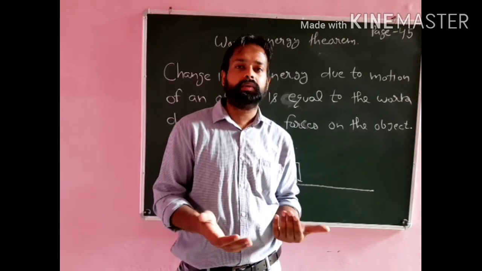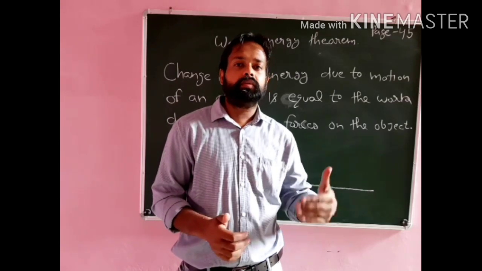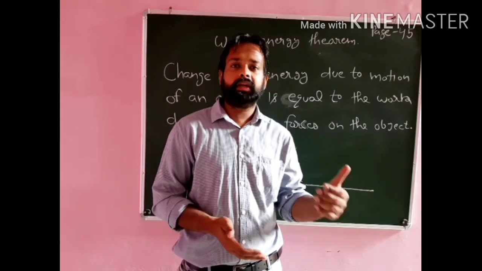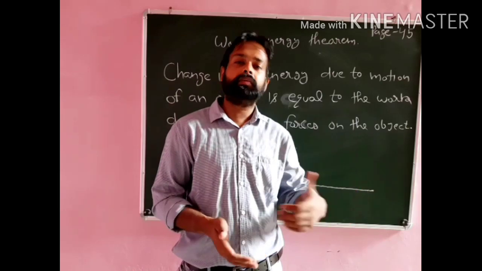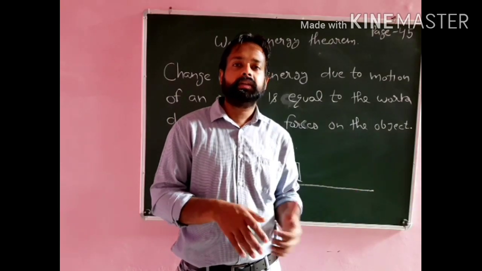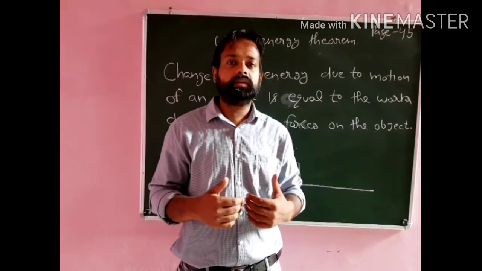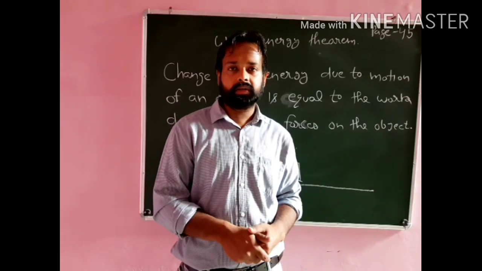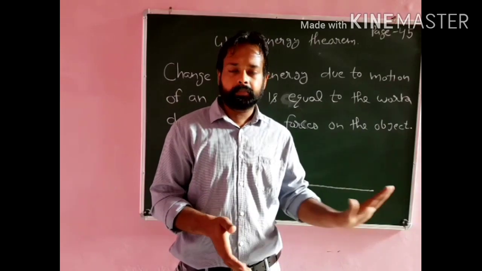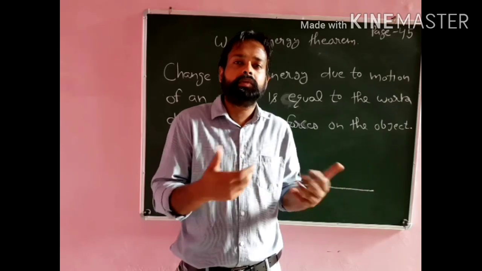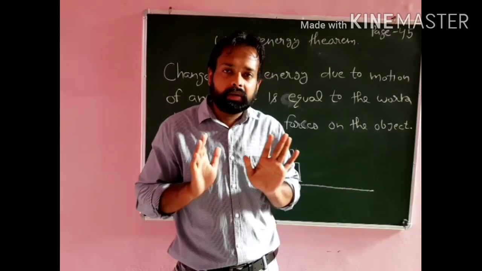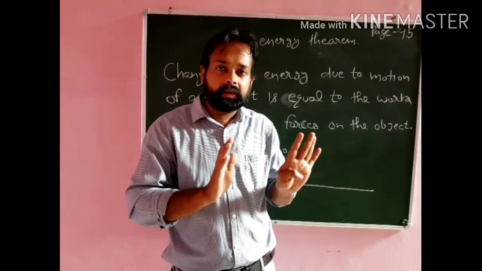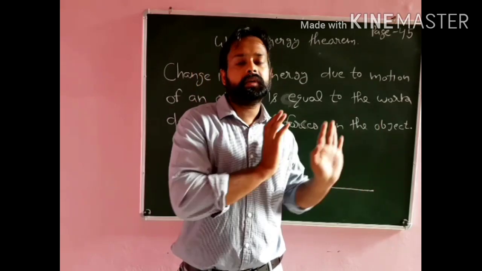As I already told you, when we apply a force on an object, it starts moving. Then it gains kinetic energy. The kinetic energy it gains is exactly equal to the work done that we are doing on the object. Suppose I am pushing a car. Just suppose I am able to push a car, and when I push the car, it starts moving in the forward direction.